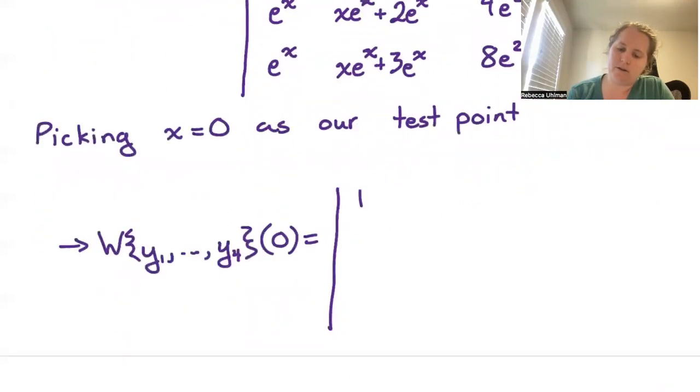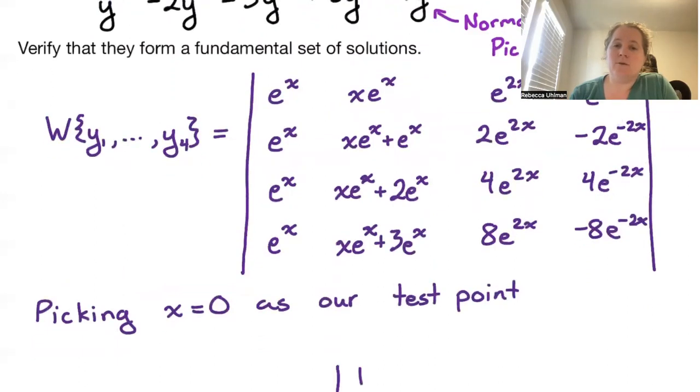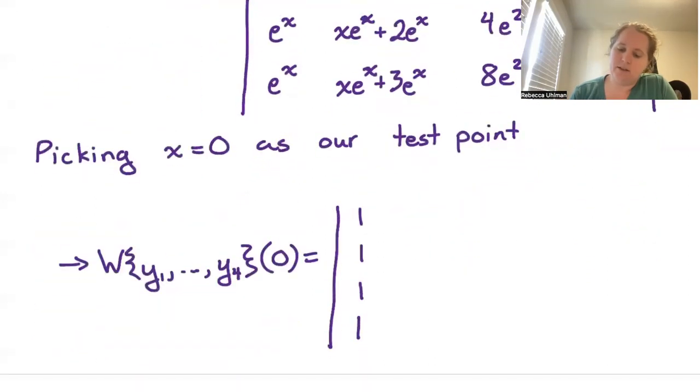So we just have a column of 4 ones. That second column, all of the x e to the x's will go to 0. So we'll have 0, 1, 2, 3.